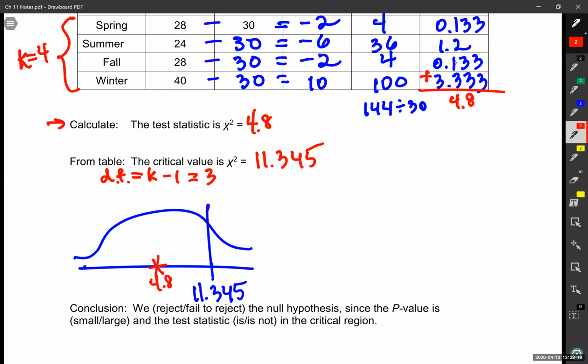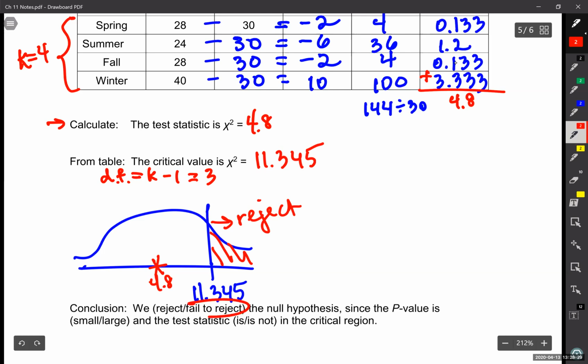This is a right-tailed test. This is not in our reject region. We are going to fail to reject. So we fail to reject because the test statistic is not in the critical region or the reject region. So we cannot reject this.